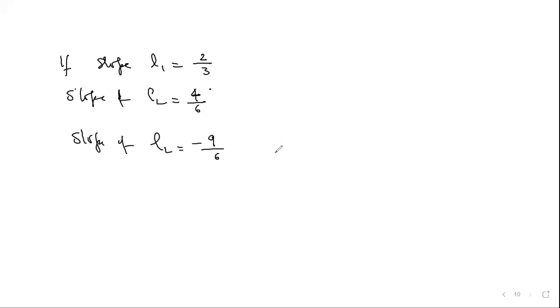Now, what can you say about L1, L2, and L3? L1 and L3 are perpendicular to each other, and L1 and L2 are parallel.